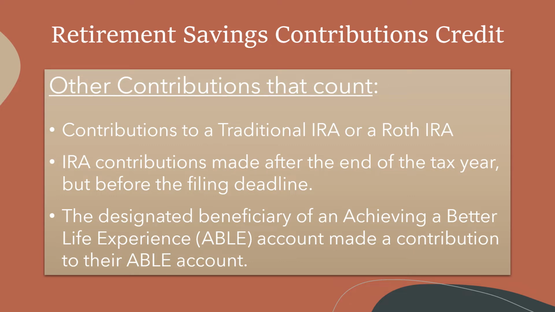As long as they make those contributions before the filing deadline, so that's going to be most likely April 15th, then they can count those towards this contributions credit as well. And also the designated beneficiary of an Achieving a Better Life Experience, or ABLE, account, if they made a contribution to their ABLE account, then that is another contribution that qualifies for this credit.